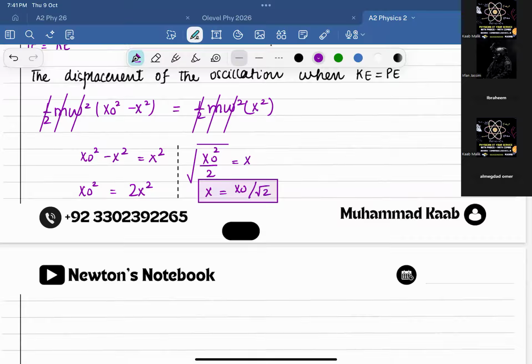So x equals 0.707 of x naught, which means when kinetic energy equals the potential energy, the displacement will be about 70% of the amplitude. Is that clear?